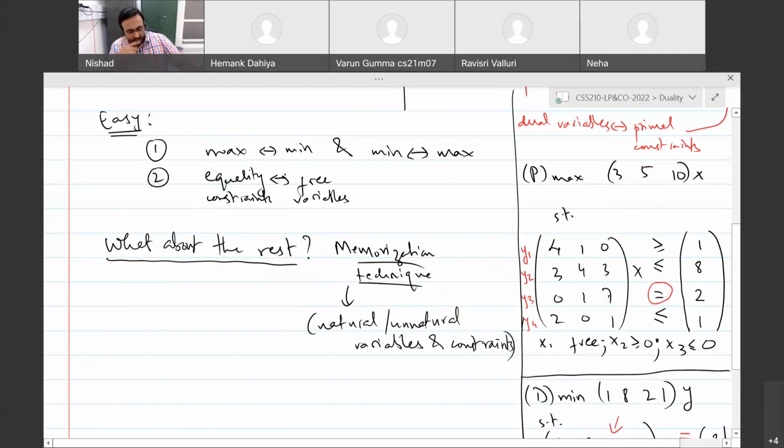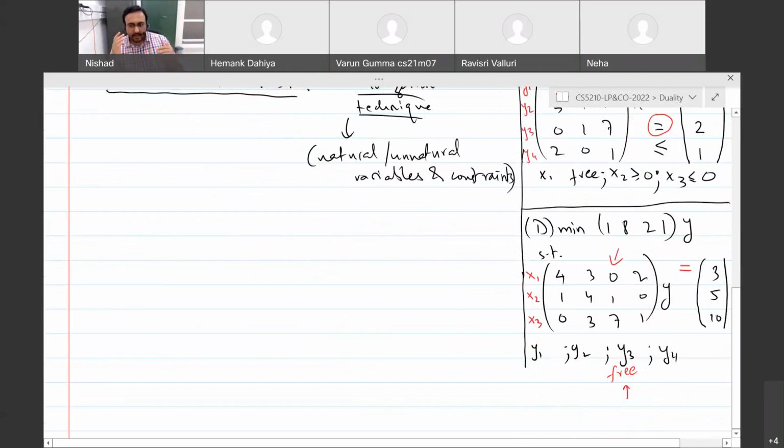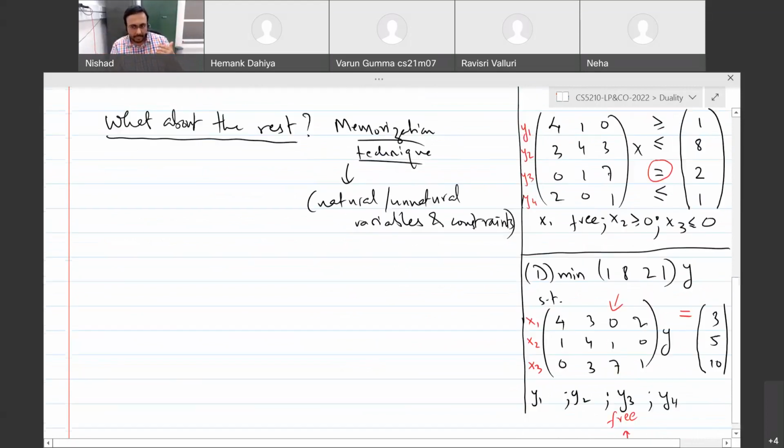So let's talk about variables. We already know equality and free and everything. We just need to figure out the greater than equal to, less than equal to constraints, and the variables, which ones are greater than equal to 0 and which ones are less than equal to 0.